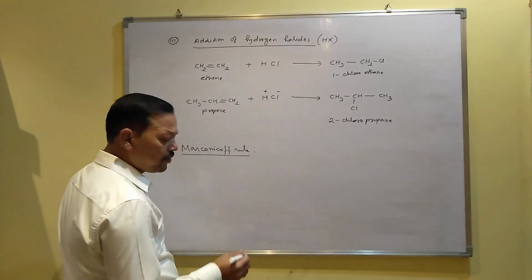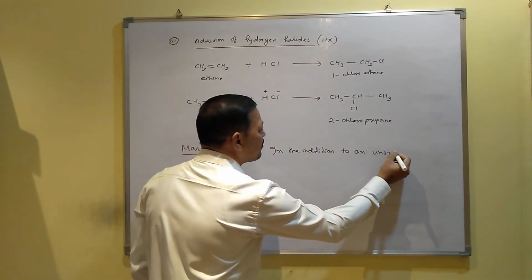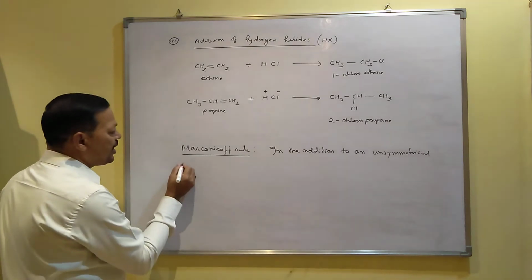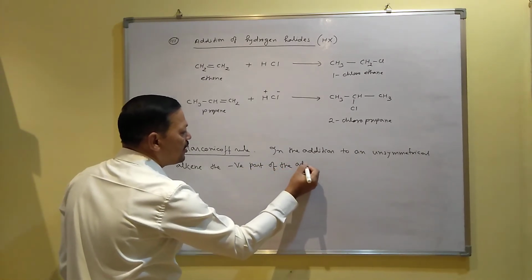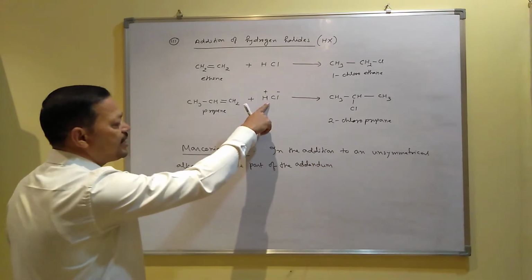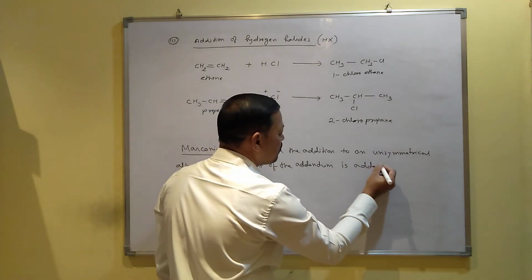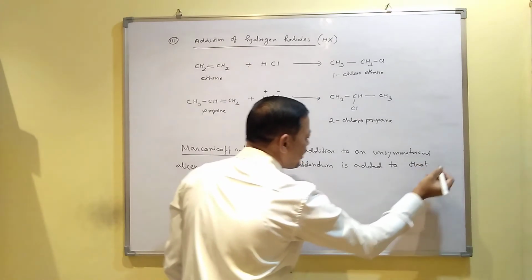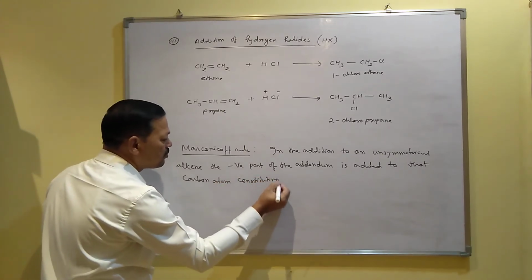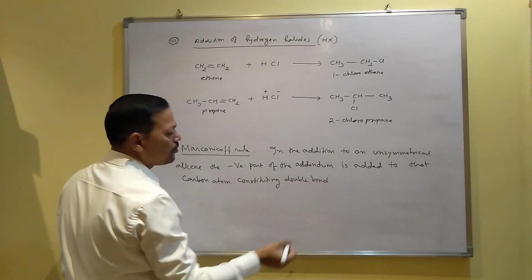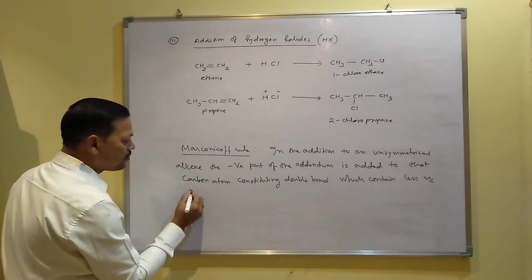According to this rule, in the addition to an unsymmetrical alkene, the negative part of the addendum, meaning what you have added, here HCl is added, that is called the addendum, the negative part of the addendum is added to that carbon atom constituting the double bond which contains less number of hydrogen atoms.